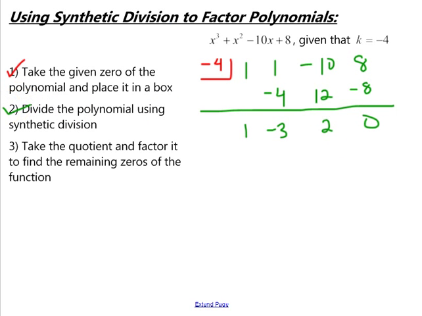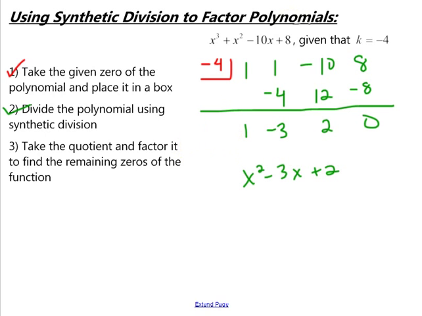So we use synthetic division, and then our remaining polynomial is going to be x squared minus 3x plus 2 with no remainder.